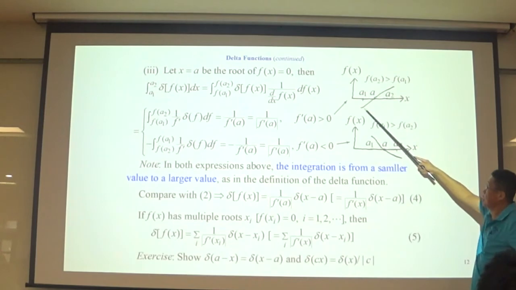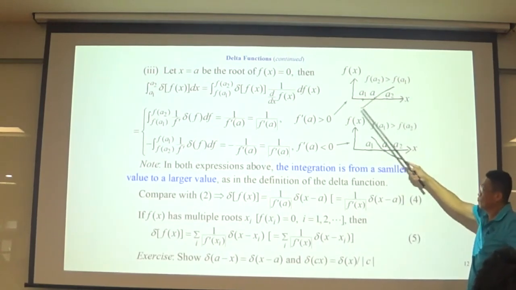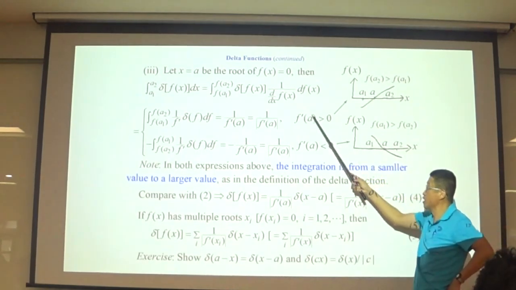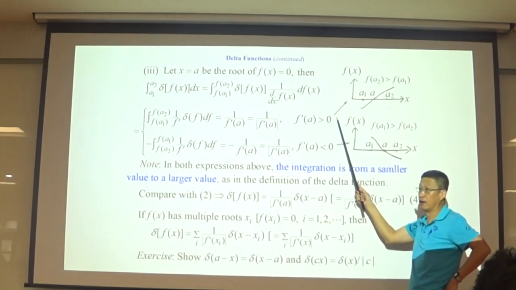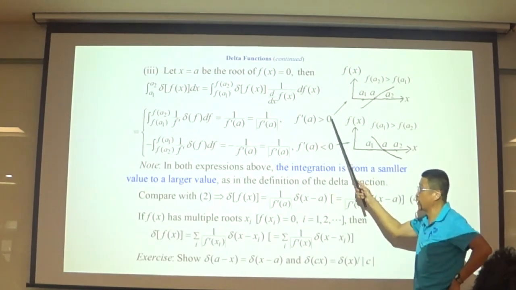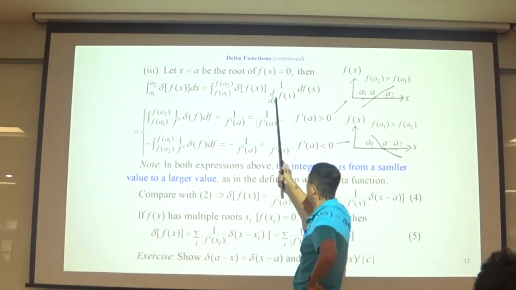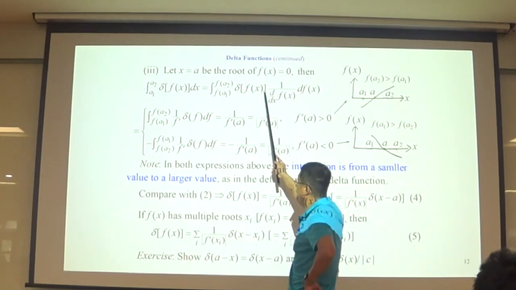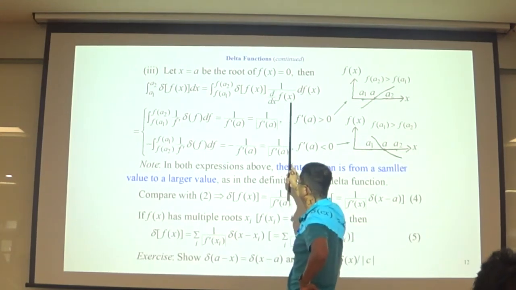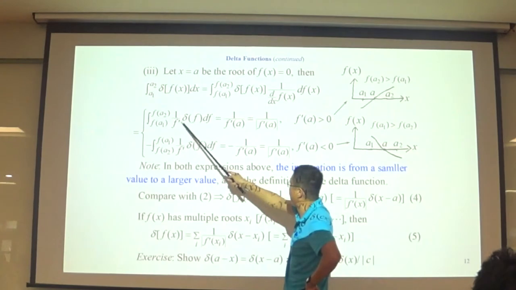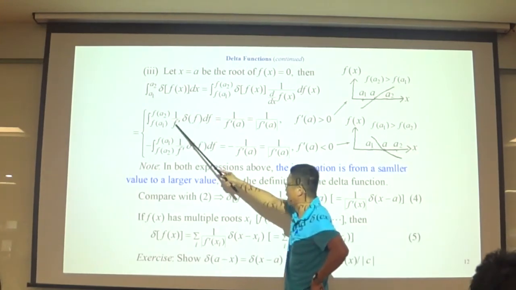Okay, let's consider this one first. The slope is greater than 0. So what happened here? Delta f gives us f prime, which is greater than 0.